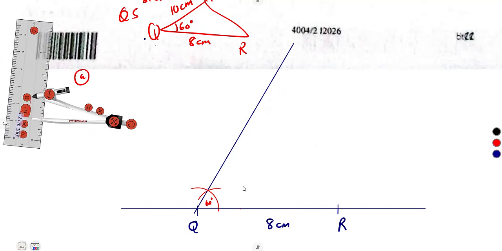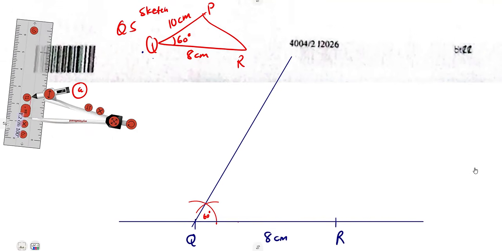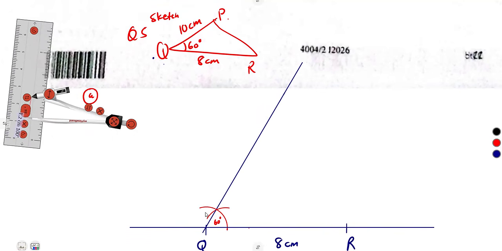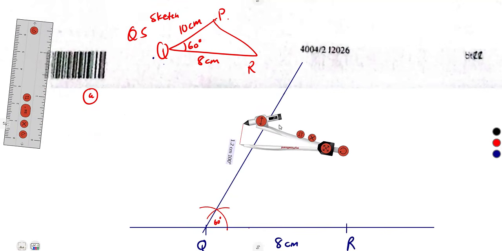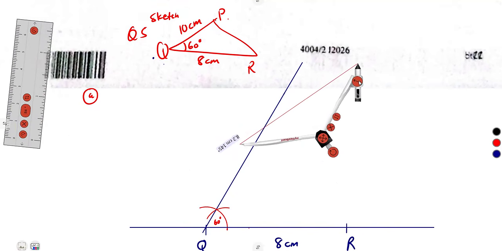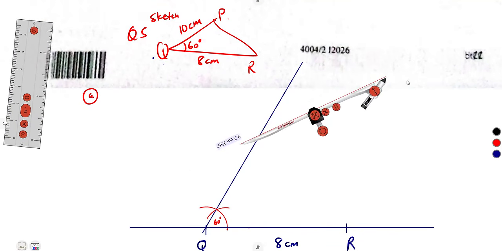From Q along this line, we are going to the point P, which is 10 centimeters from Q. You can measure that, or you can simply use the ruler. But here, guys, you can see I cannot open enough 10 centimeters.